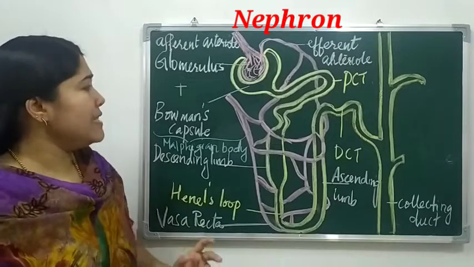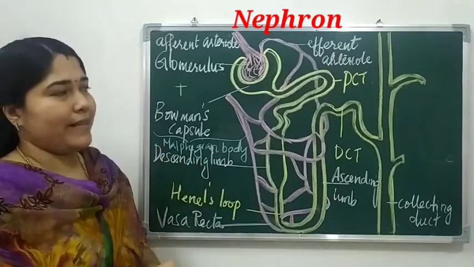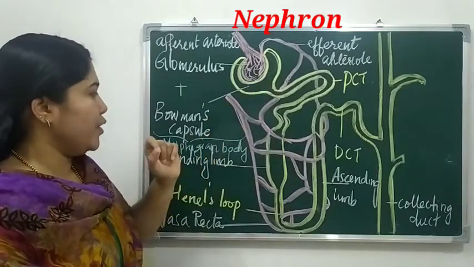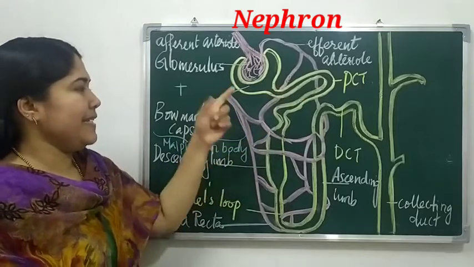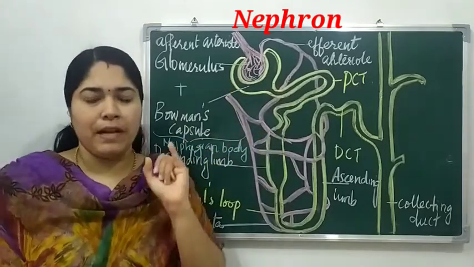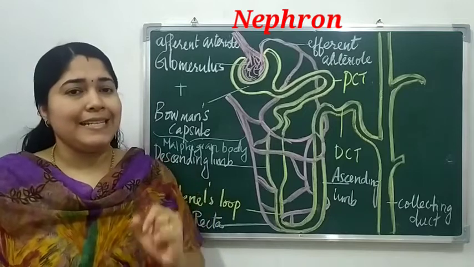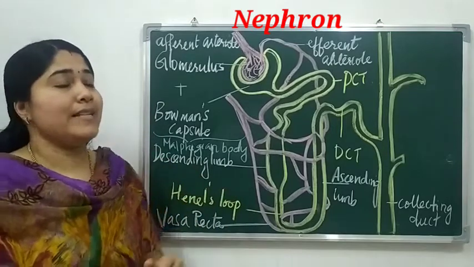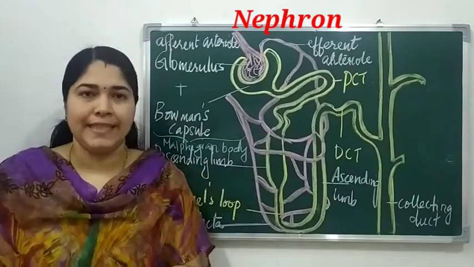We can see the Malpighian body, that is the Bowman's capsule, along with the PCT and DCT, in the cortex of the kidney.